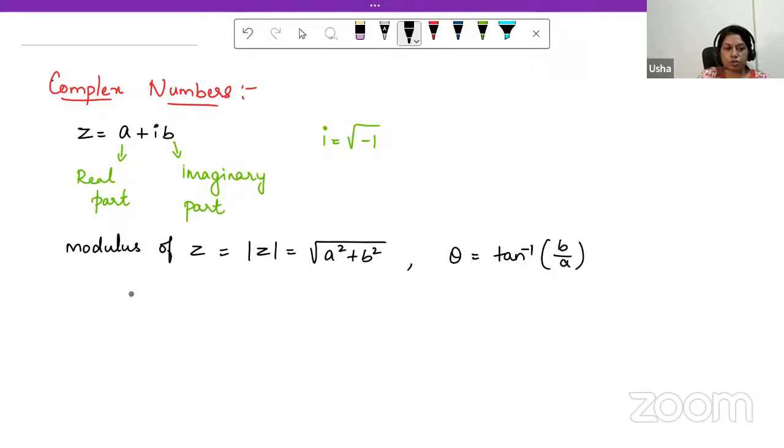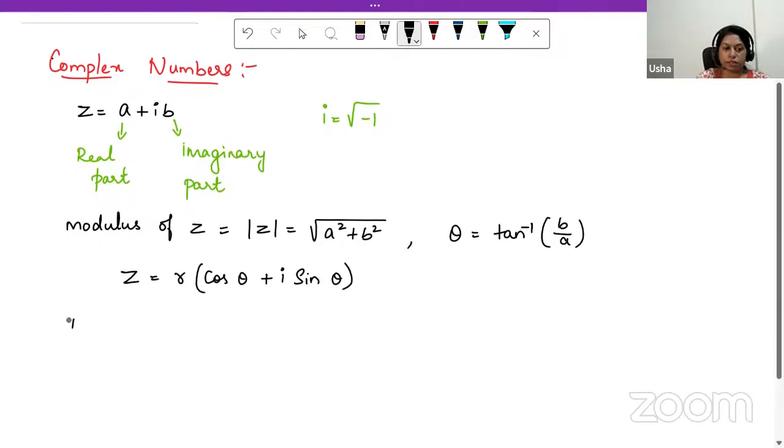So once you know these two, then z is written as r into cos theta plus i sin theta. This is one of the forms of expressing z.